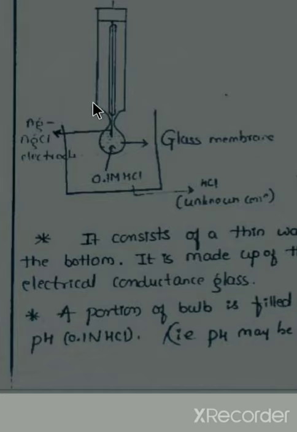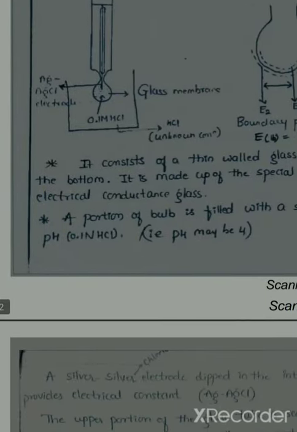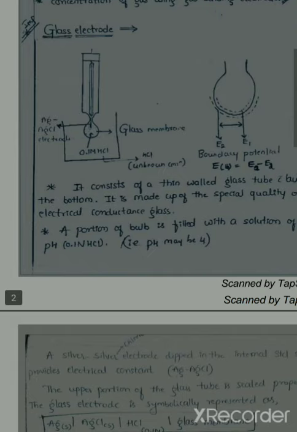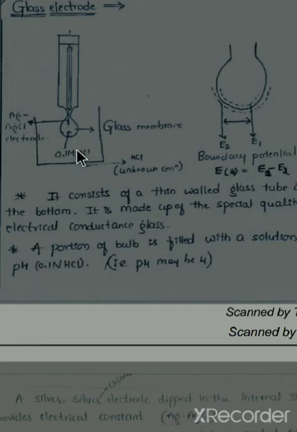Okay, come to the construction part. So this glass electrode consists of a thin walled glass tube. You can see here, this is the glass tube with a bulb at the bottom. And this glass bulb is made up of a special quality of high electric conductance glass. The portion of this bulb, as I told, is filled with 0.1 molar HCl, and the pH around is 4.